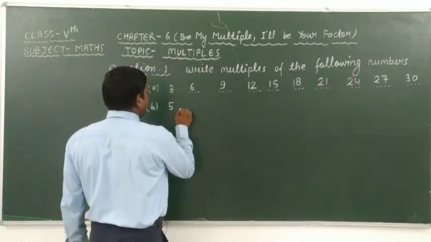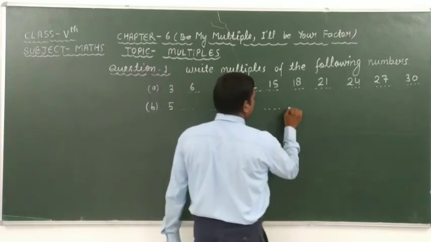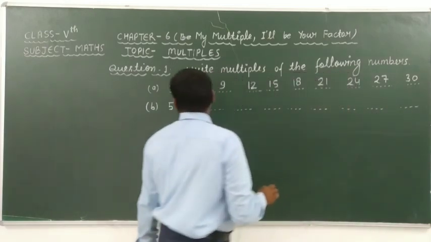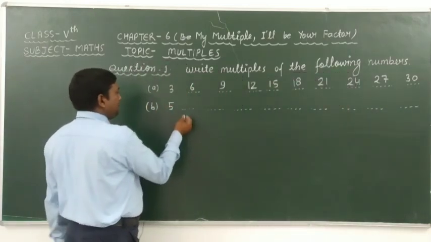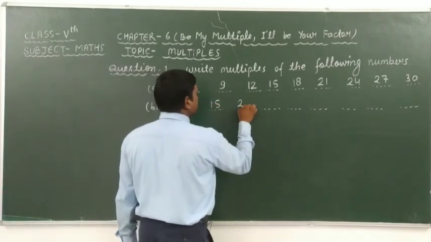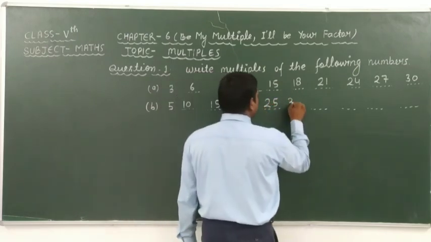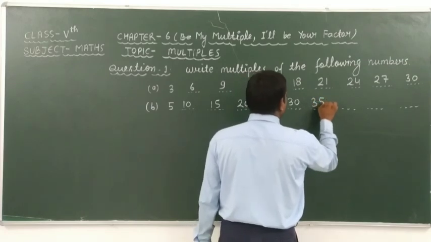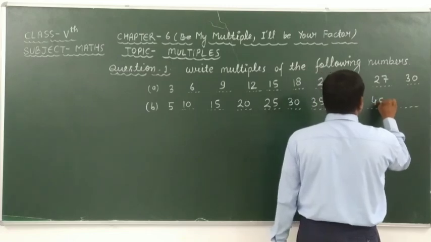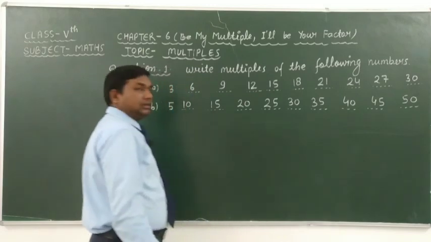Then the multiples of 5 are 5, 10, 15, 20, 25, 30, 35, 40, 45 and 50. Understand?